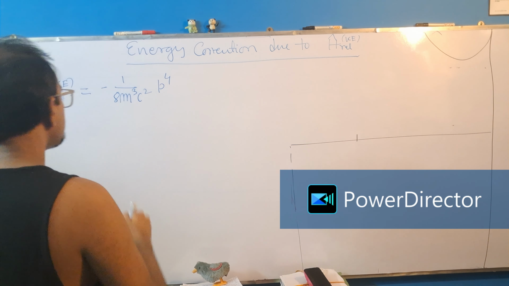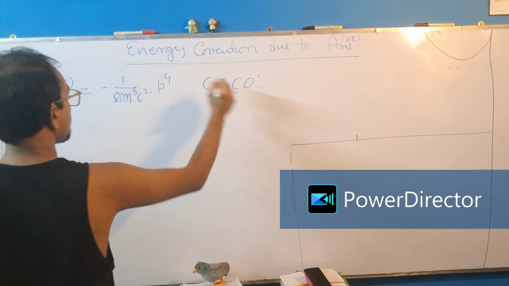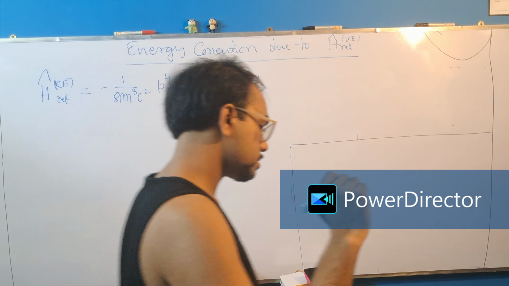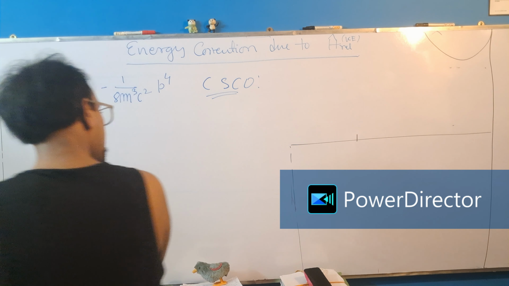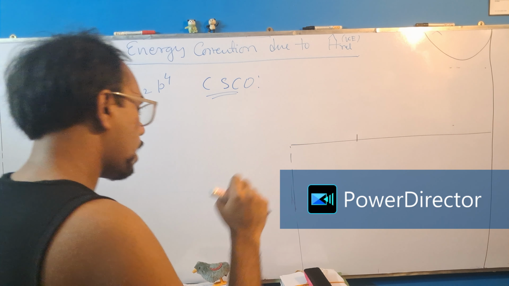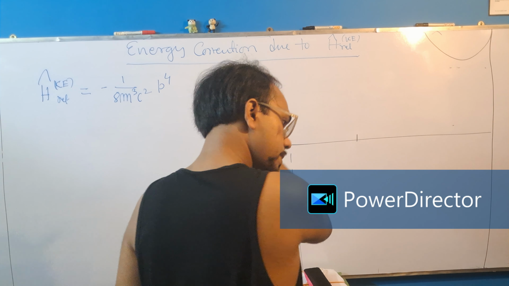Now the point is, what will be the CSCO here? Because in the previous Hamiltonian, the spin-orbit term, we had the spin and the orbital angular momentum both, so for that reason spin was involved.